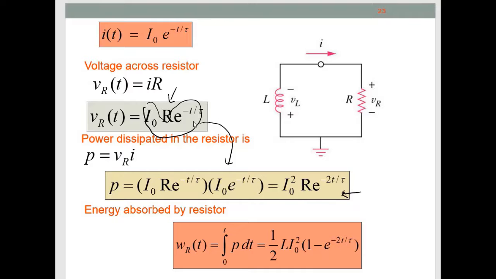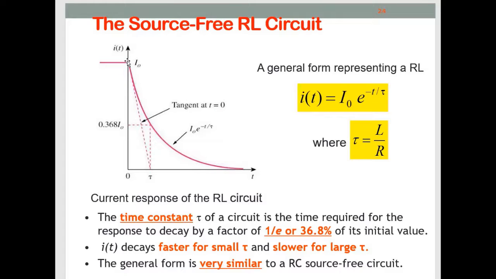The energy absorbed by the resistor has a formula very similar to the energy stored by the capacitor. The only difference is this one and the tau. Okay, next, this is the graph of source-free RL. If in the source-free RC the amplitude is V, here in RL it is I versus t, and still the slope shows the decrement of the current dropping according to time.